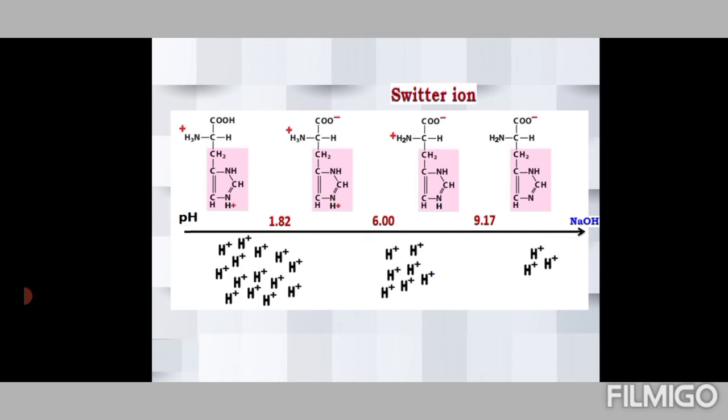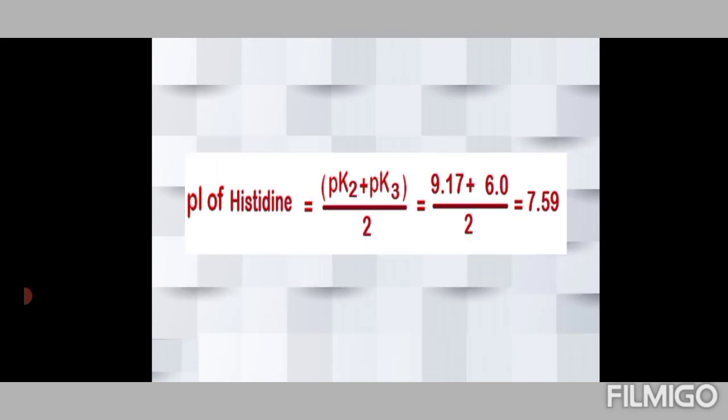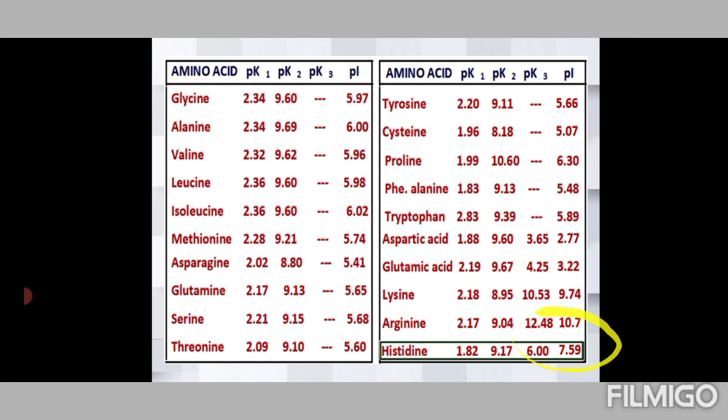And the values on either side of the Zwitter ion are taken for the calculation of Pi value, just as in the case of glycine. In the case of glycine also, we had taken the values on either side of the Zwitter ion. So what is the Pi value of histidine? That is pK2 plus pK3 divided by 2. Now it is 9.17 plus 6.0 divided by 2, which gives 7.59.